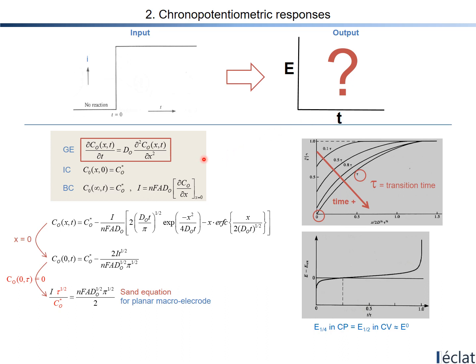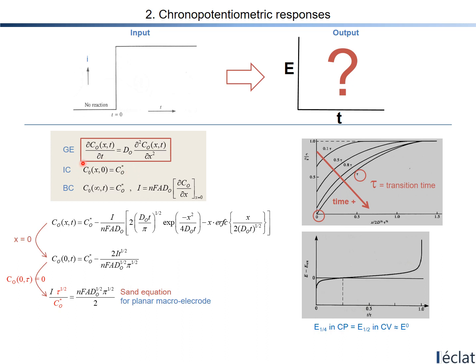You know, we are still on the diffusion limited system, and the only different thing is the input. Everything is not changed except for the input signal. So the governing PDE equation is still Fick's second law, the same thing which was shown in the first case of chronoamperometric responses.